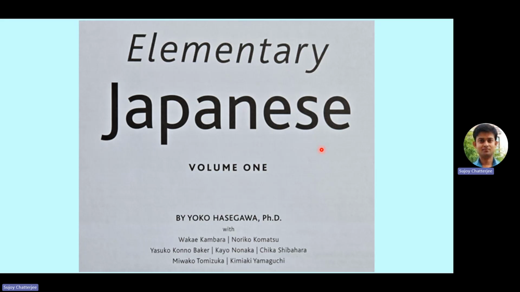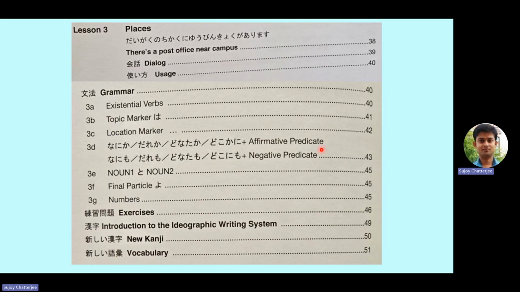This is the front page of the book Elementary Japanese Volume 1 by Yoko Hasegawa and his team. And this is the content of lesson 3 of this book, which is places. And as you can see, there are several topics, exercises, vocabulary, and other things. So out of these, the items that we have already covered in the last lesson were these 3A to 3F.